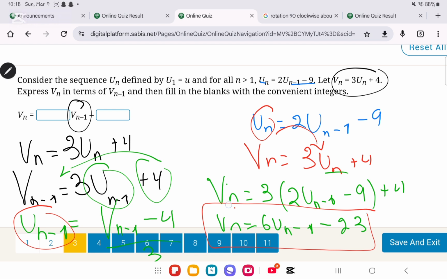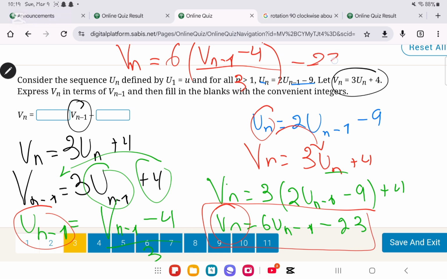And we also have Vn is equal to 6Un minus 1 minus 23. So we're going to take Vn, it is equal to 6, and we're going to substitute the Un minus 1 by Vn minus 1 minus 4 over 3, and then subtract from it 23.